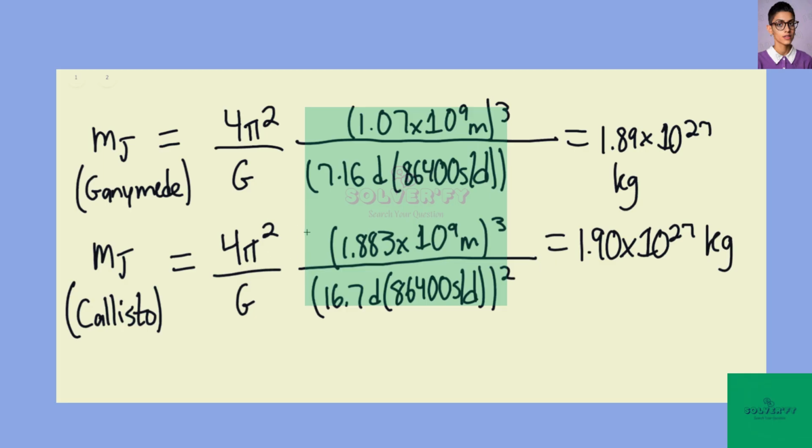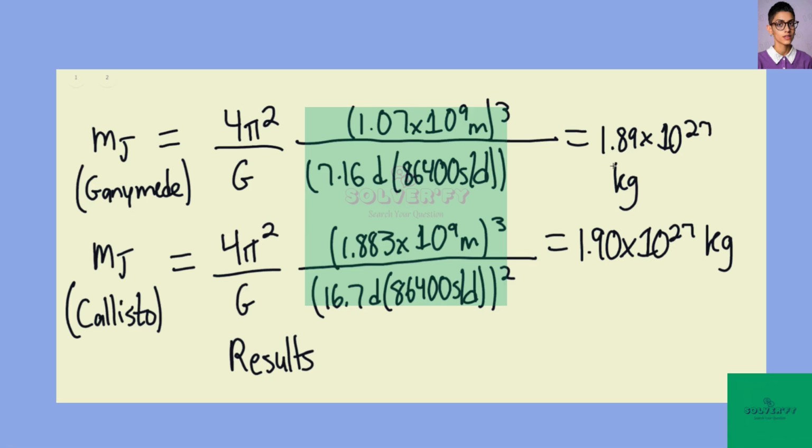And so the question is asking us, are the results consistent? Yes, the results are consistent, even with Ganymede being one digit off. Although this is significant, although it's a lot of kilograms, that's a large amount of mass.